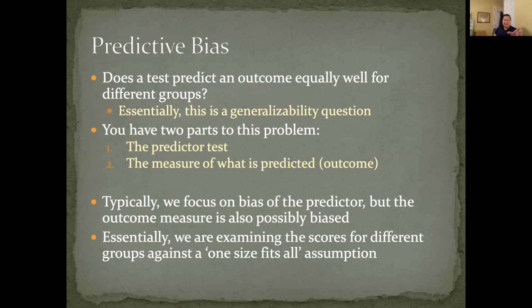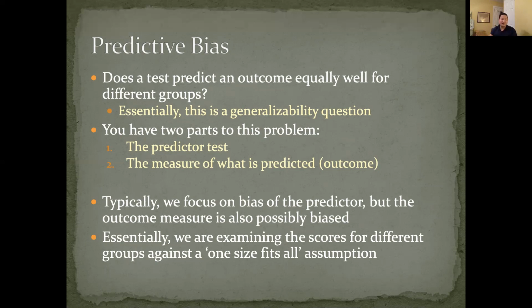And just like I said with generalizability, we're essentially comparing the scores for different groups against our overall one-size-fits-all. So we have an overall relationship between the GRE and GPA for everyone. We will compare whatever groups we want against that to see if they're similar.